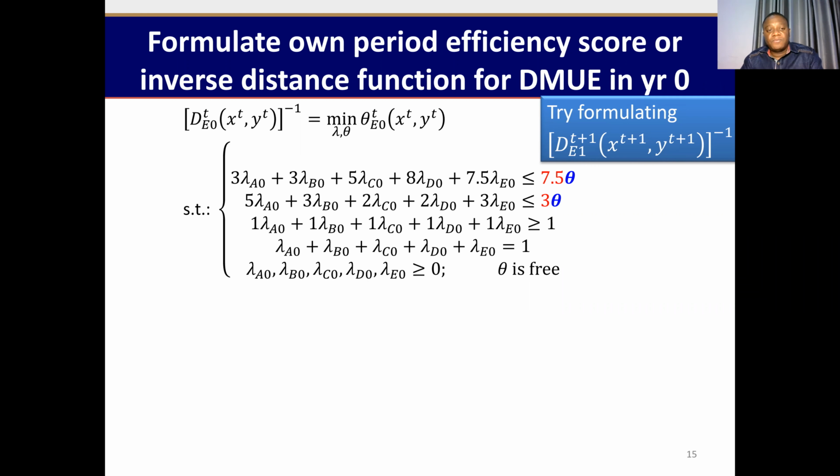Subject to. Then we'll have, Doc, please, can you go to the data?